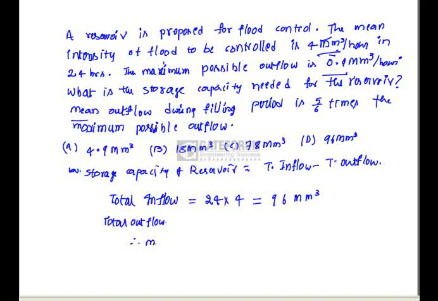Therefore mean outflow is equal to 5 by 6 times the maximum outflow. The maximum possible outflow is 0.9 megameter cube per hour, so the mean outflow is 0.75 megameter cube per hour.